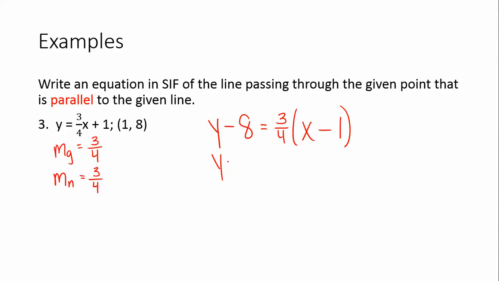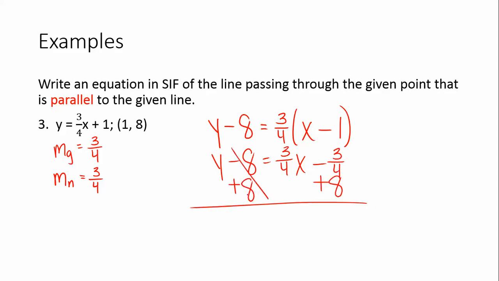We need to distribute, so we get 3/4 x minus 3/4. Now we need to add 8 to both sides. So we get y equals 3/4 x. Now some of you are going to put 7 1/4, and that's fine. I just don't want any decimals here. But instead of 7 1/4, I'm going to write it as an improper fraction.